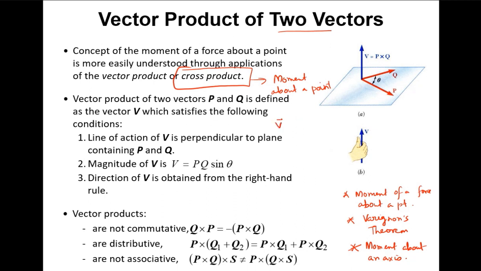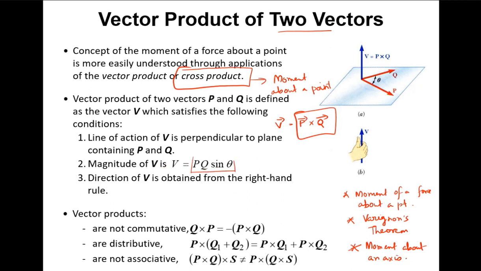So vector V is equal to P cross Q, right? Now the line of action of this vector V is perpendicular to the plane which contains these two vectors P and Q.